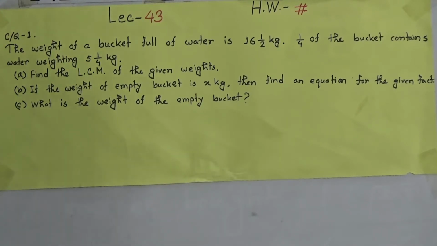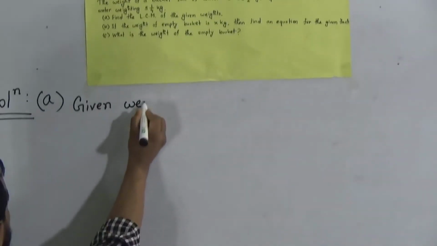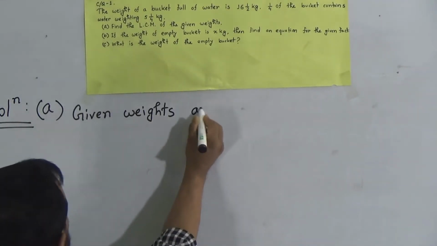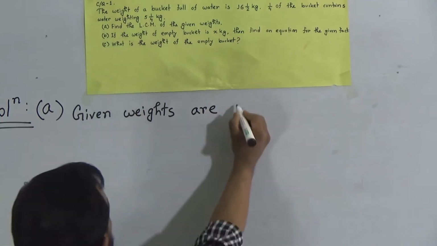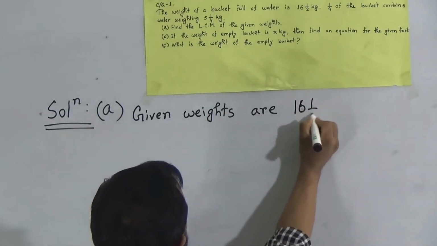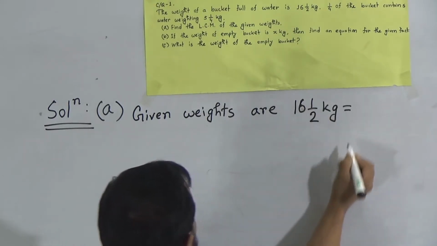So now the solution of A. We have to find out the LCM of the given fractions, or the given weights. The given weights are 16 1/2 kg.